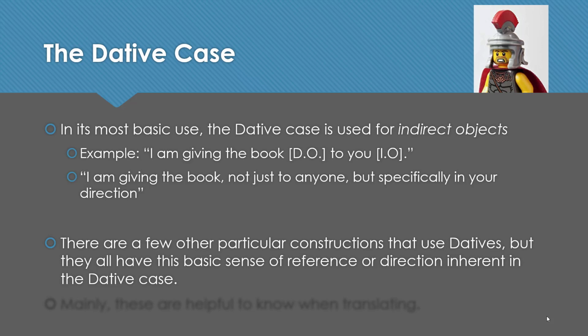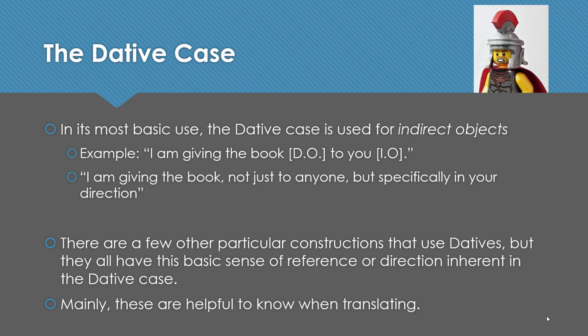So it's nothing kind of new. There's just going to be times where maybe the dative is replacing this other case, but it makes sense in the context of, you know, I'm giving the book not just to you, but specifically in the direction of you or in reference to you is where this book's going. And that's kind of the idea.